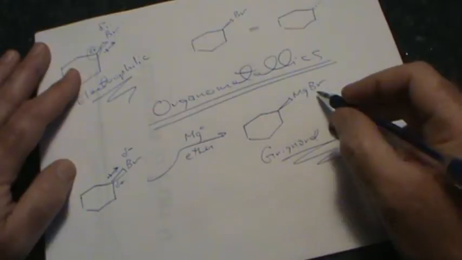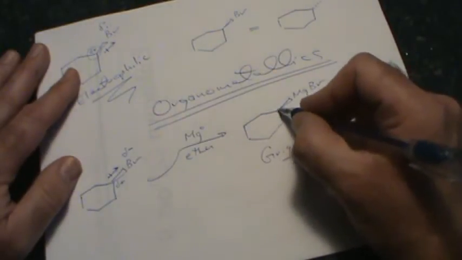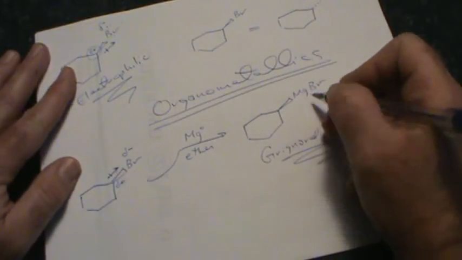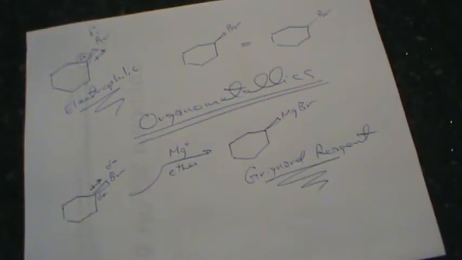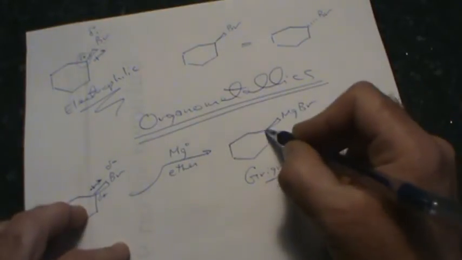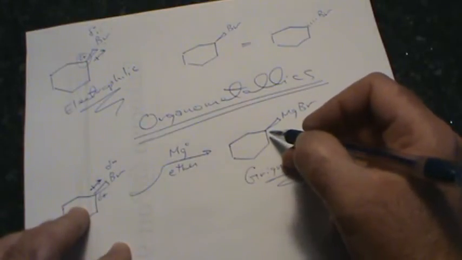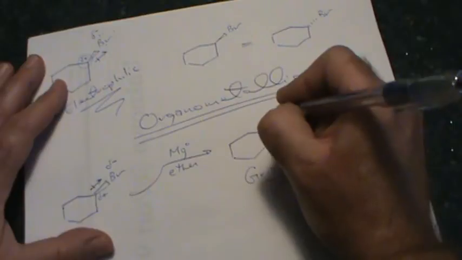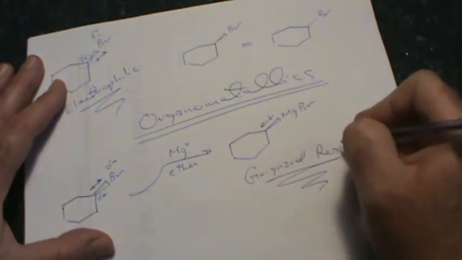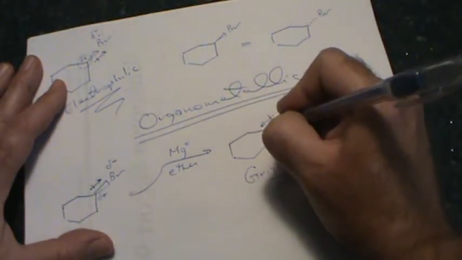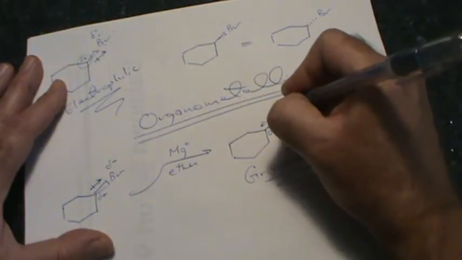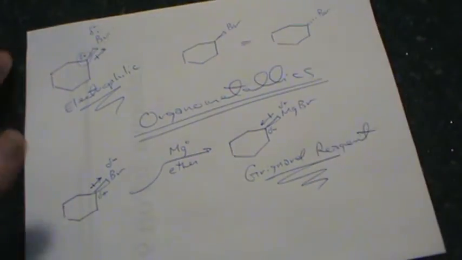But once we produce an organometallic, now the carbon is bound to a metal, and metals are actually electropositive. What that means is that between these two atoms, carbon and the metal, the carbon is the much more electronegative atom. So now the bond dipole moment reverses. Carbon is now delta negative, and the metal is delta positive, as metals like to be, positively charged.